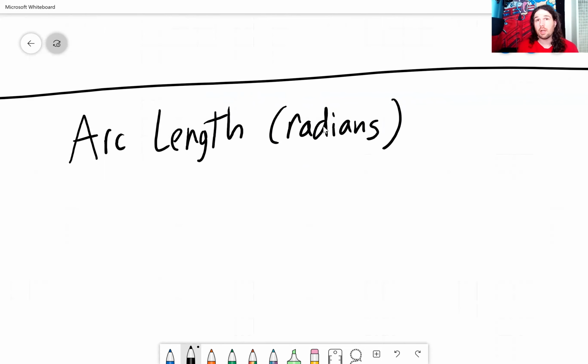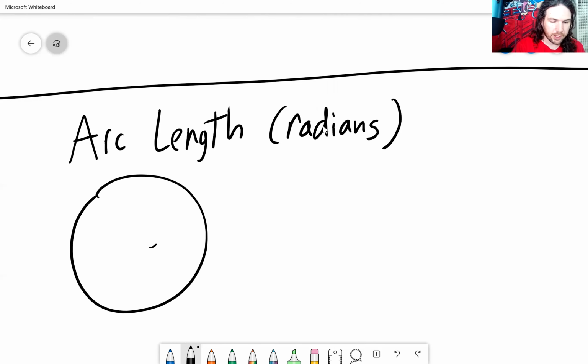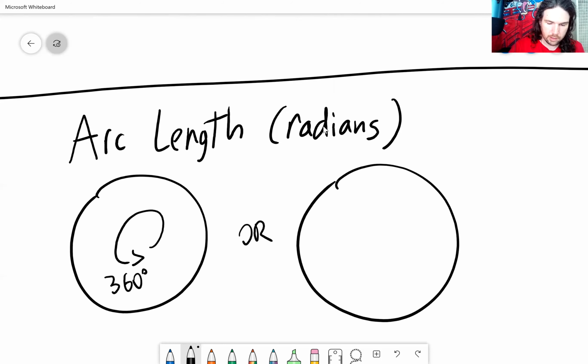If you saw my video on radians that I put out earlier today, the whole reason that we have 2 pi radians in a circle, so we've got a circle, right? And all the way around the circle is 360 degrees, or 2 pi radians.